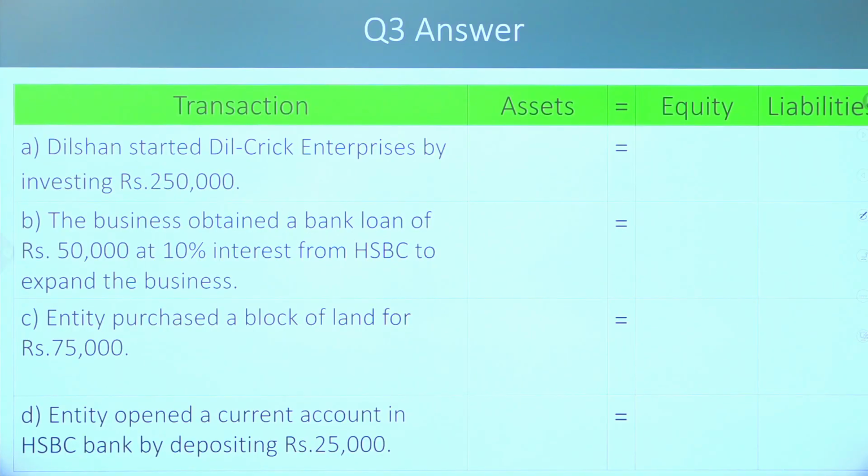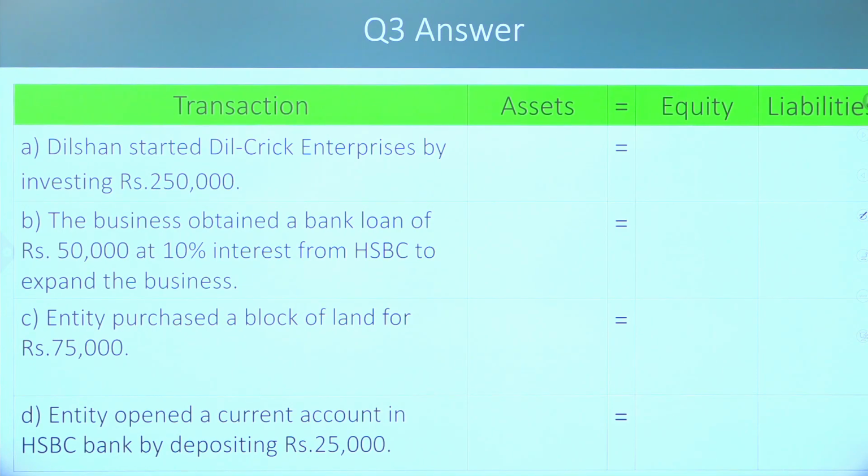Excuse me, sir. Yes. Sir, the transaction about opening the current account in HSBC Bank by depositing 25,000, what is the dual impact, the double entry? Generally, cash comes down and the bank account goes up. The money in hand decreased and it went to the bank account.